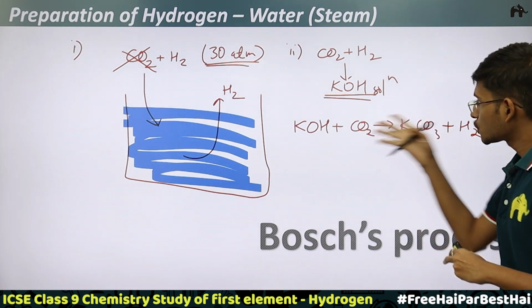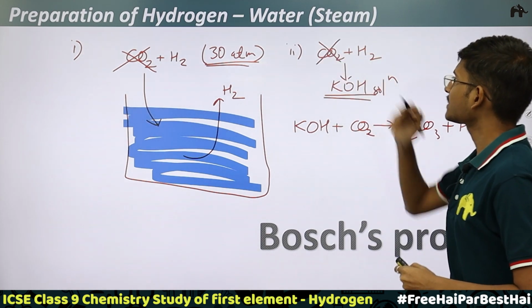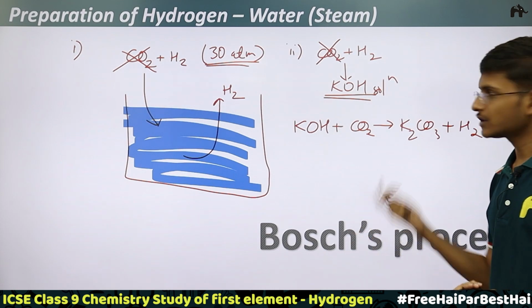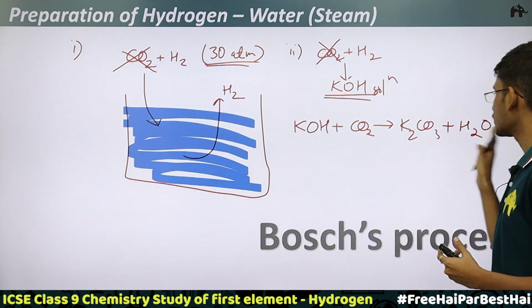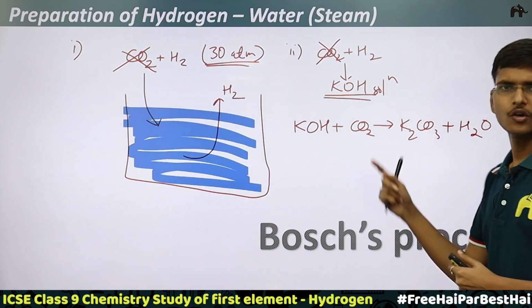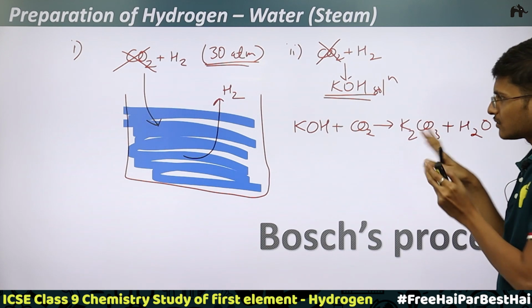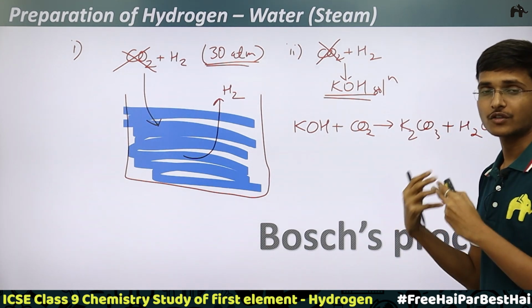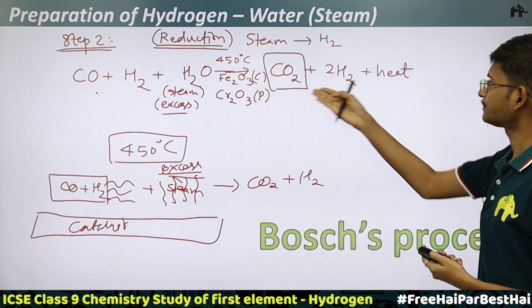In this manner carbon dioxide gets eliminated, and what remains is hydrogen. So here KOH reacts with CO2 and it forms K2CO3 and H2. You can balance the reaction later on as you wish. This is how we remove carbon dioxide from the carbon dioxide and hydrogen mixture obtained as a product in step 2.